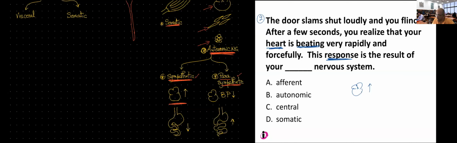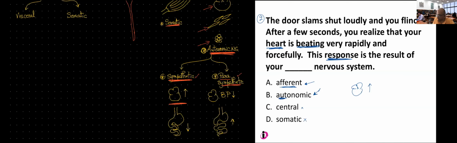So you see on here, what's the good answer? You've got afferent. Afferent is not specific. It's motor. Yes, it's motor, but motor might be somatic or autonomic. Central, somatic. I'm not sending out signals to my skeletal muscle, so it's not somatic.